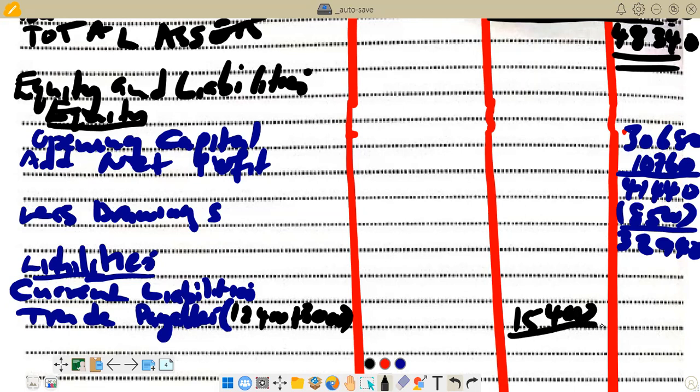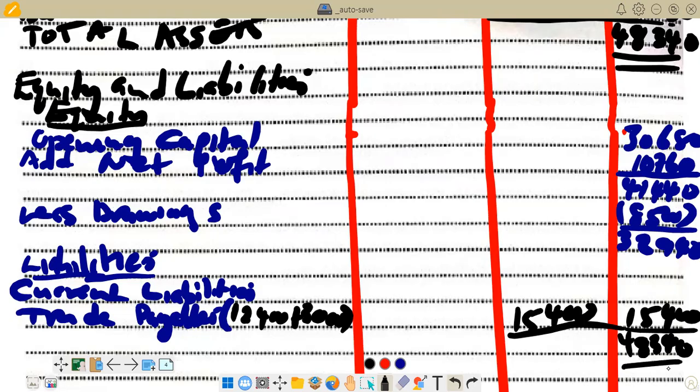Then obviously this is also going to come in this section, 15,400, and it's going to add to this figure for closing capital, which is 32,940. If you add 32,940 to 15,400, you are supposed to get the same figure that we got there, which is 48,340.